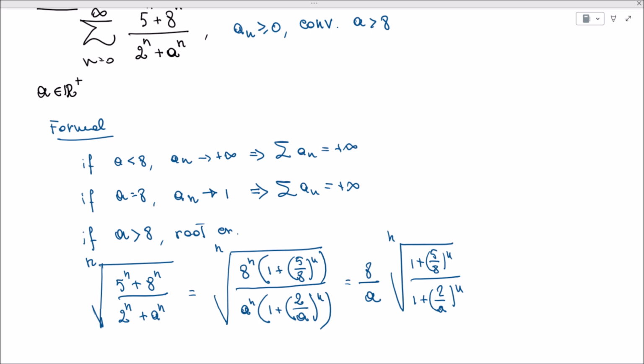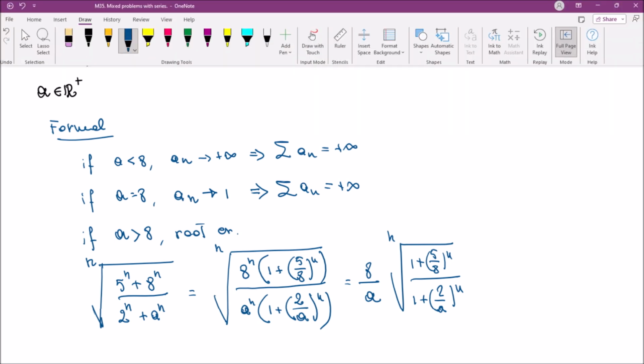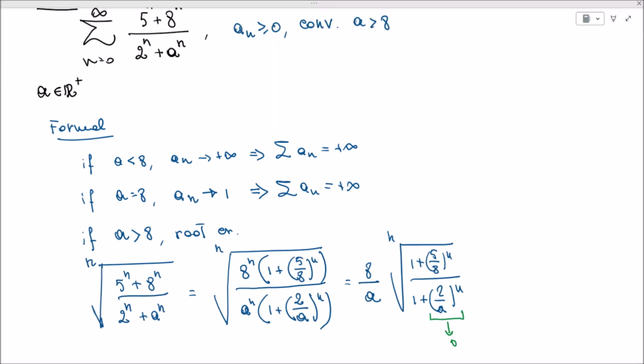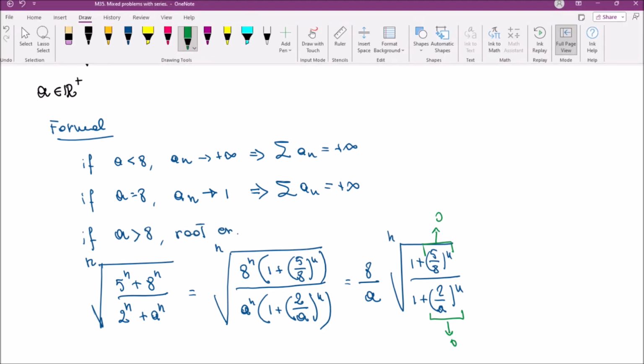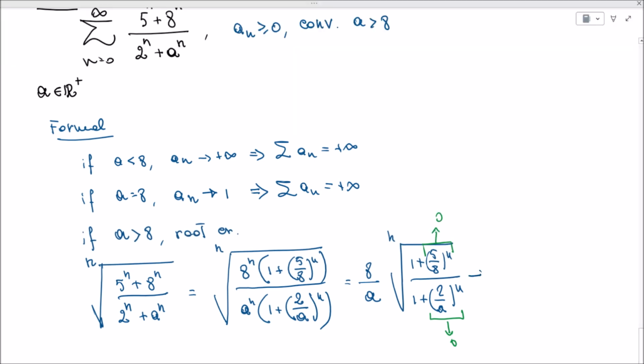If a is larger than 8, of course we know that this, as n goes to infinity, will go to 0. This as well will go to 0. So this limit is simply 8 over a, that of course for a larger than 8 will be a number less than 1. But if this is a number less than 1, by the root criterion, we can conclude that the sum of an converges.